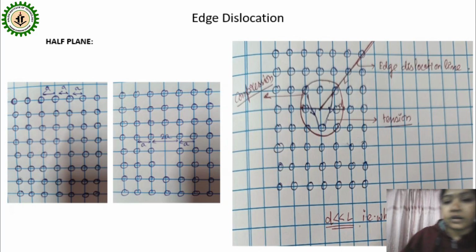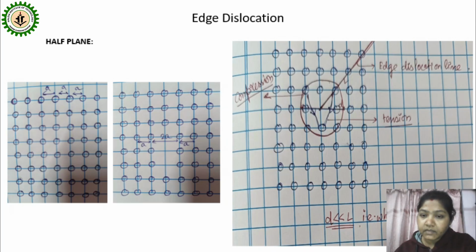Now why is it called 1D? Because the image shown to you is 2D.